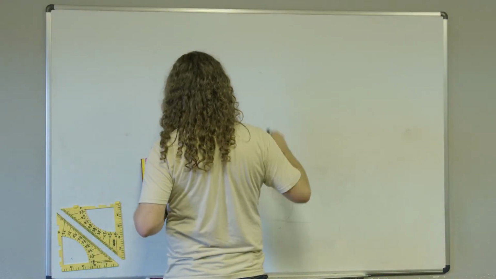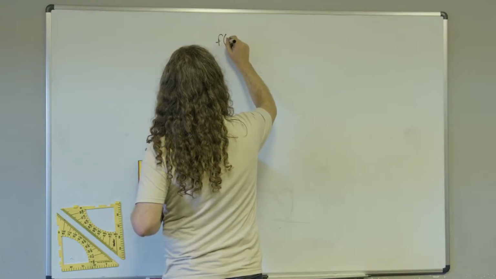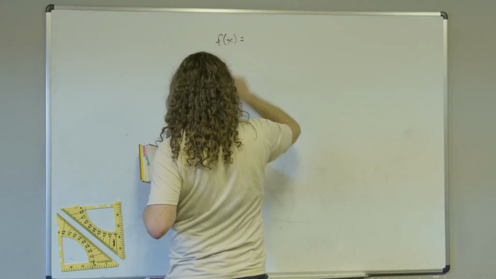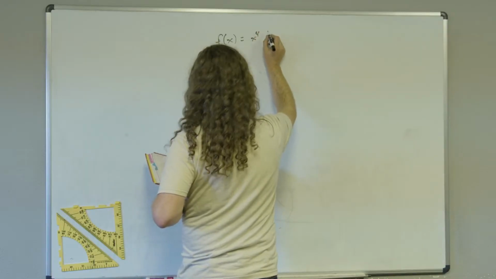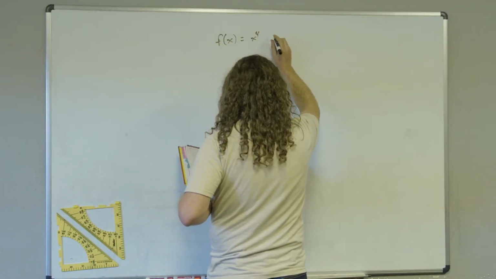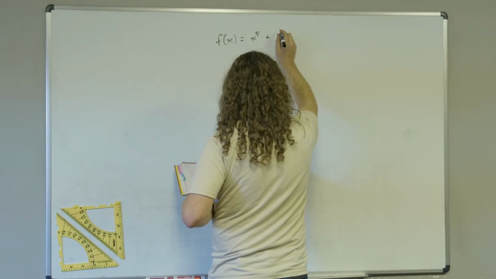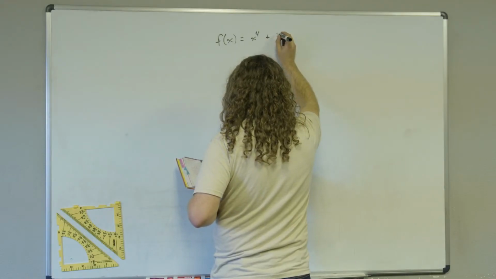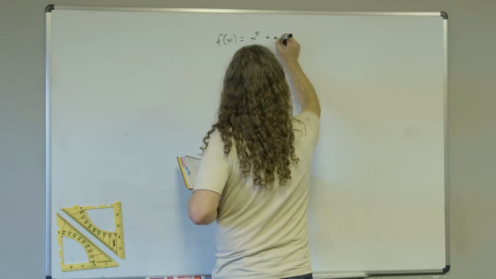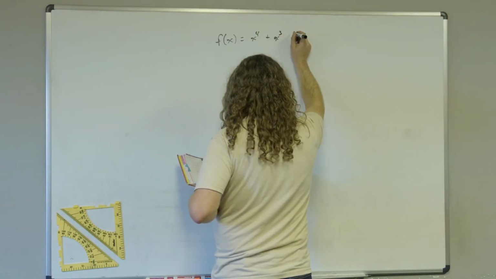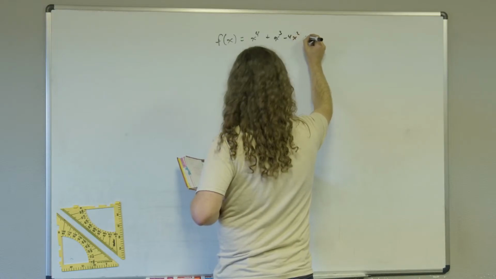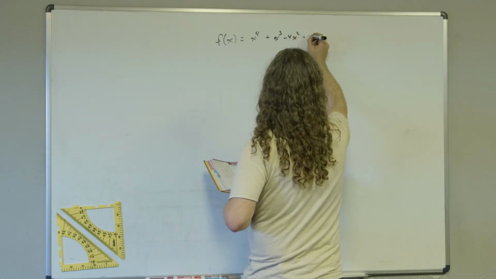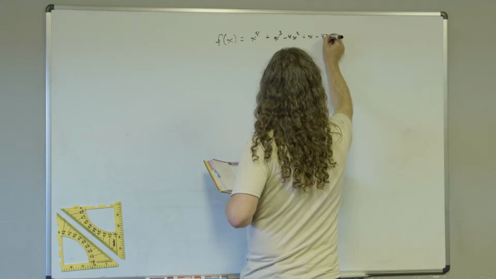That's 150. F of x equals x to the 4th plus x cubed minus 41x squared plus x minus 42.